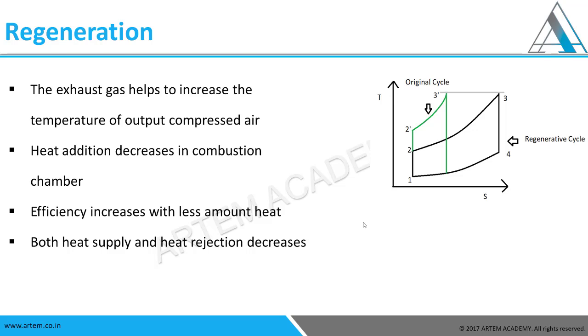And this is the whole concept of regeneration. Heat addition decreases in the combustion chamber. Efficiency increases with less heat, and both heat supply and heat rejection decrease. It quite makes sense. Now you can see in the graph that this is the original cycle and this is the regenerative cycle. So there is quite a lot of difference if we use the exhaust gas.